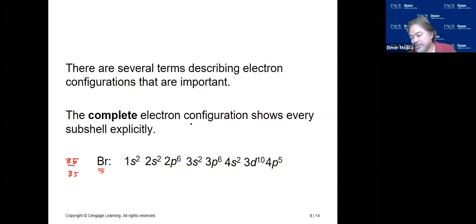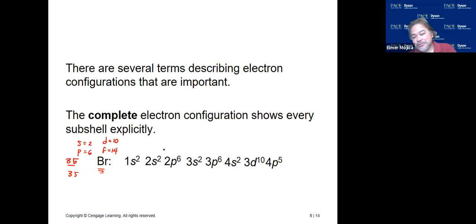Because that's the number of electrons that we need to distribute in the orbitals. So the rule that we have: an s would occupy at most 2, a p would occupy at most 6, a d would occupy at most 10, and an f, if ever it's included, would occupy at most 14.